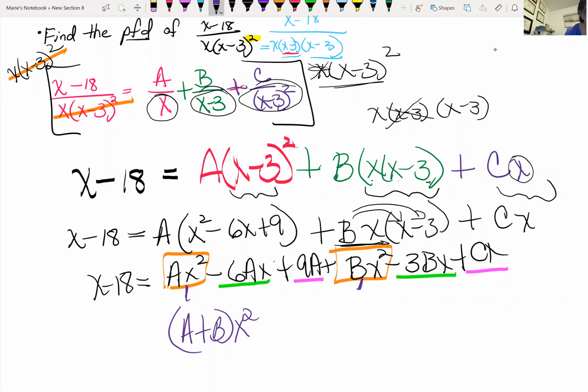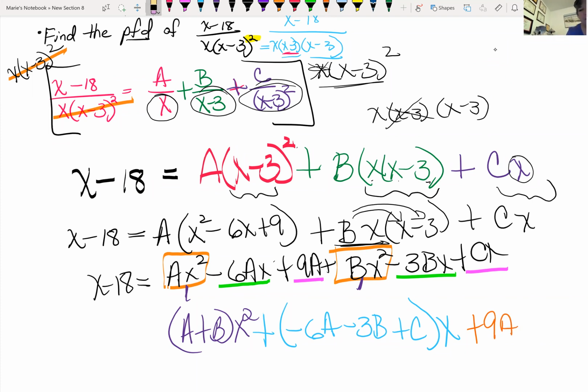You have an x part of the formula, which I'm going to do as plus negative 6a minus 3b, and then plus c, I forgot the c, my bad, plus c, and then the x comes out here. And then you're left with just the plus 9a out on the outside.